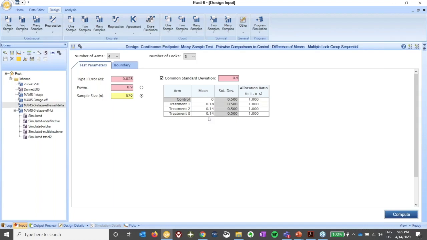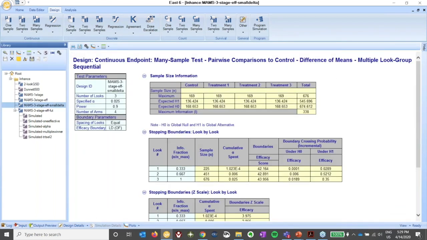naturally that with the same sample size as we used before, the power would drop since we have a smaller treatment effect. But if we were to power the study from scratch, now we would require 676 subjects altogether. So now we are at about 169 subjects per arm, which is comparable to what we had before in the 2-arm group sequential design.